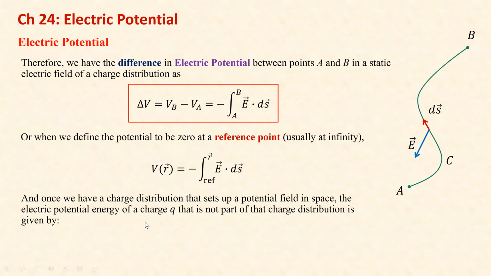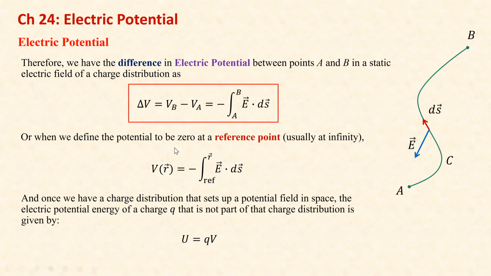And once we have a charge distribution that sets up a potential field in space, the electric potential energy of a charge Q that is not part of the charge distribution is given by Q times V. U is equal to Q times V. Remember, V was defined as U over Q. So it is the same as cross multiplying the same formula.